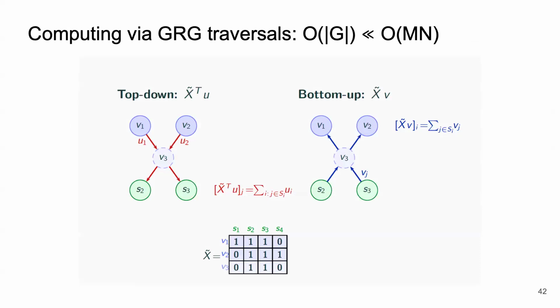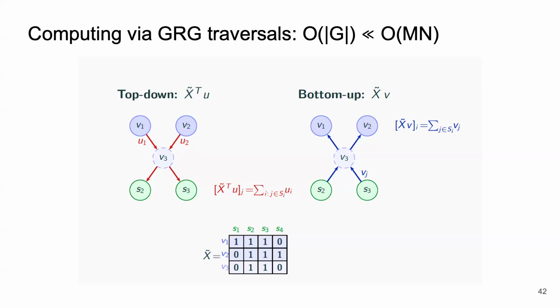So I've been talking about constructing, but what are the other benefits of having this graph representation? One of them is that before, if we want to go through a whole matrix, we have to take n times m number of operations, because we need to visit every entry in this matrix.